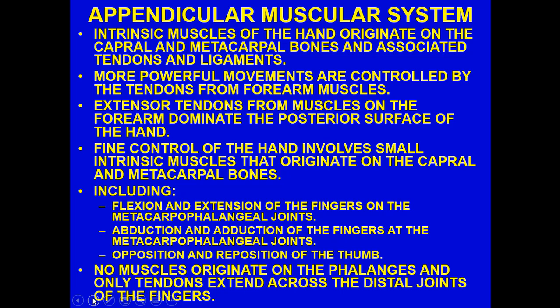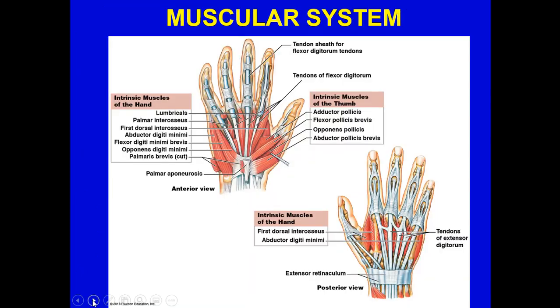These include the flexion and extension of the fingers at the metacarpophalangeal joints, abduction and adduction of the fingers at the metacarpophalangeal joints, and opposition and reposition of the thumb. No muscles originate in the phalanges, and only tendons extend across the distal joints of the fingers.